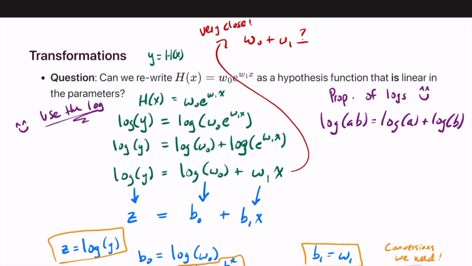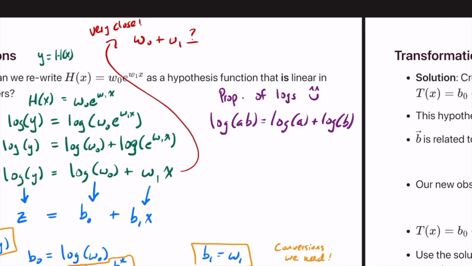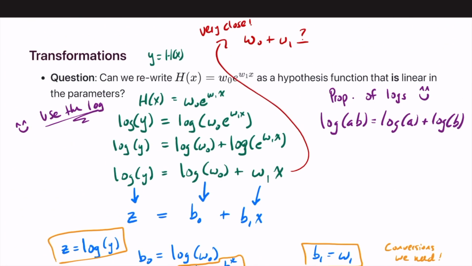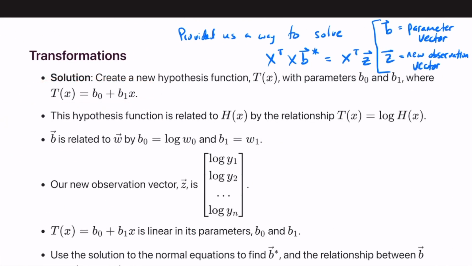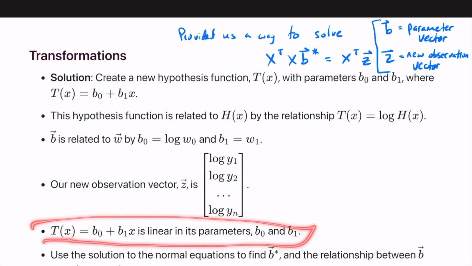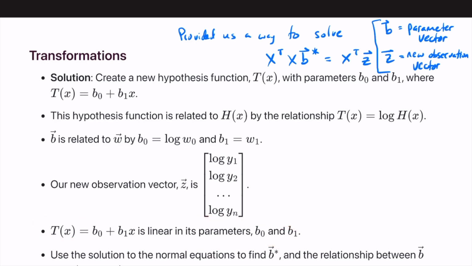But then crucially, we need to provide this conversion because we don't want our final form to be this. This is still pretty messy. We want it to follow this. So that's why we've done that. And now this is completely linear in its parameters. And we can have a solution to the normal equations now, which will give us our new parameter vector, which is b star, and then our new observation vector from that.